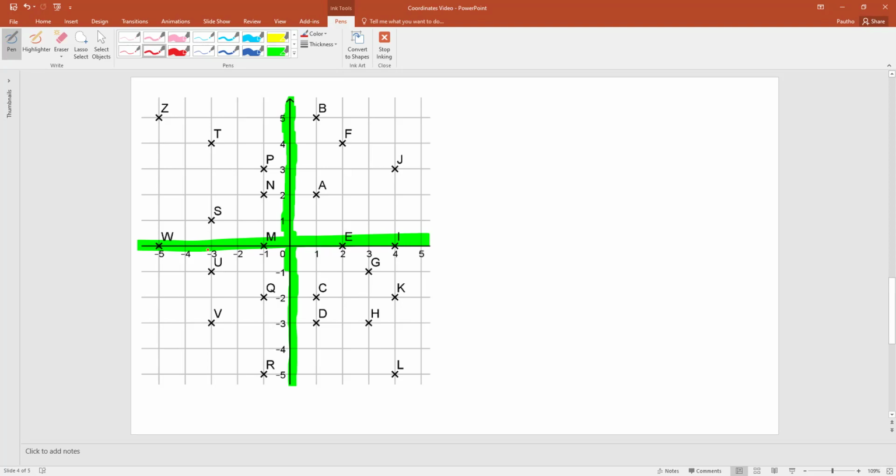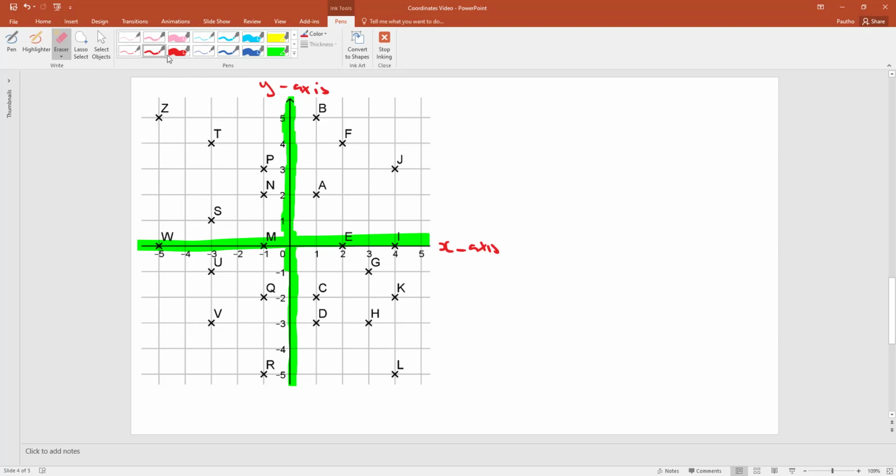The horizontal line is called the x-axis, and it's often labeled just x for brevity. And the vertical axis is called the y-axis, often just labeled y as well. Both axes cross at 0. This point's got a special name, but I'll come back to that later.